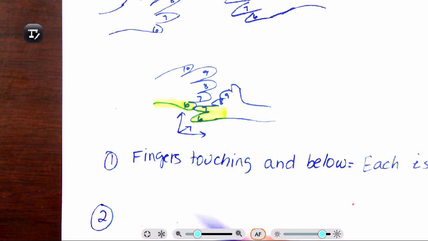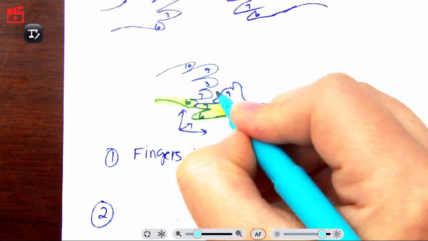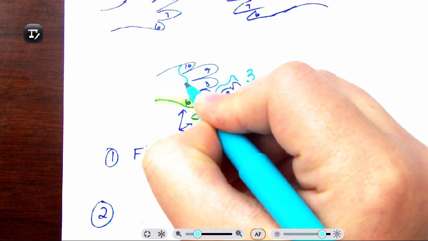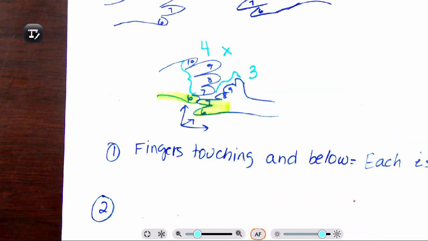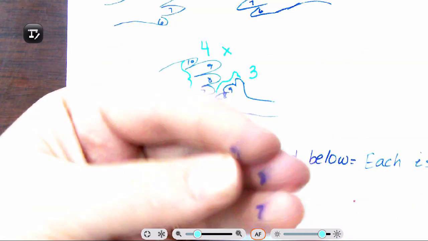Step number 2 is on each hand, take the remaining fingers, count how many there are, and then you're going to multiply them. So I had 3 fingers on this hand, and I had 4 fingers on this hand.